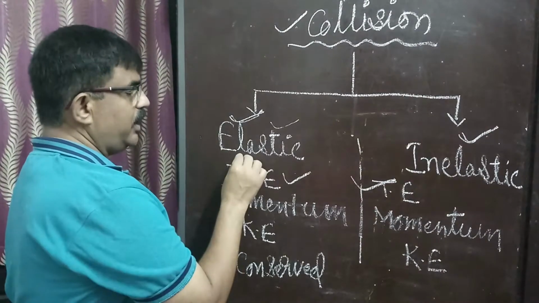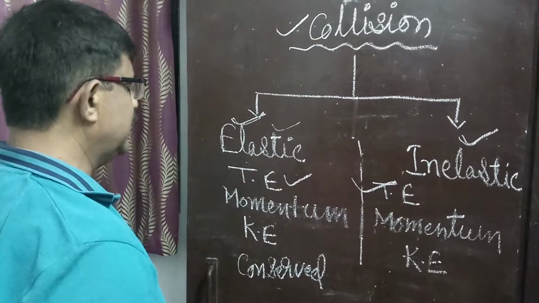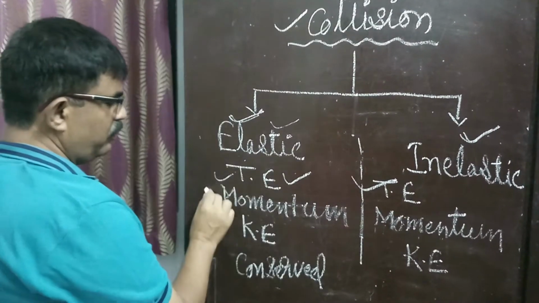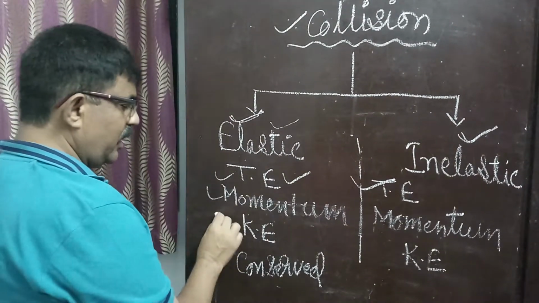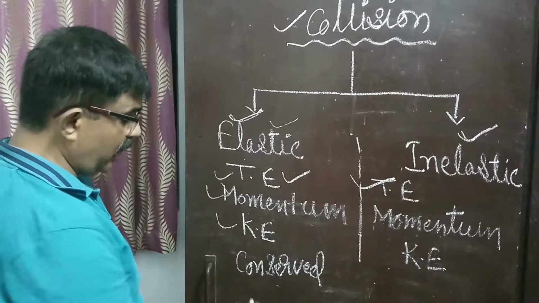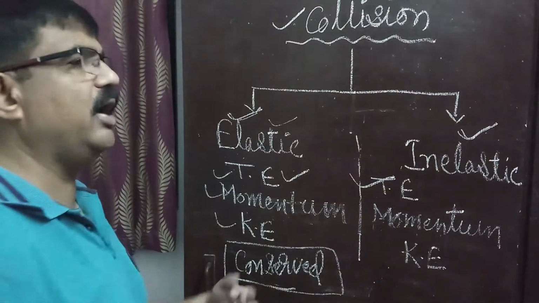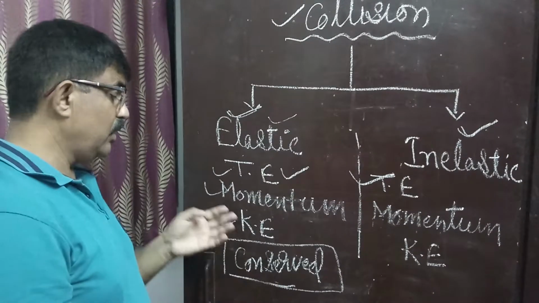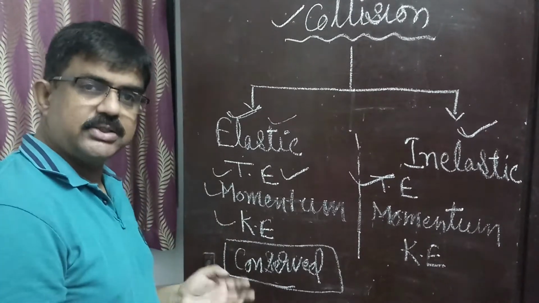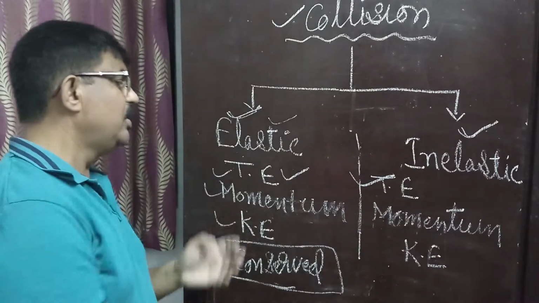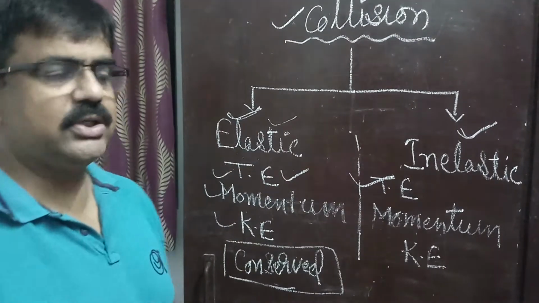In elastic collision, total energy, momentum and kinetic energy are all conserved, meaning momentum before collision and after collision is the same, and kinetic energy before collision and after collision is the same. It is elastic collision.